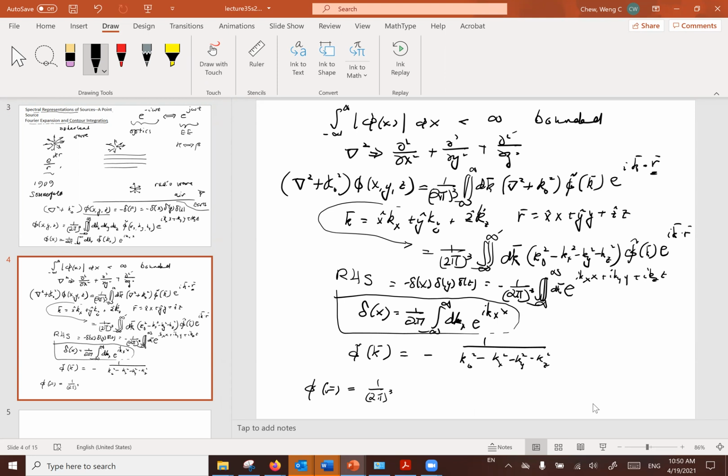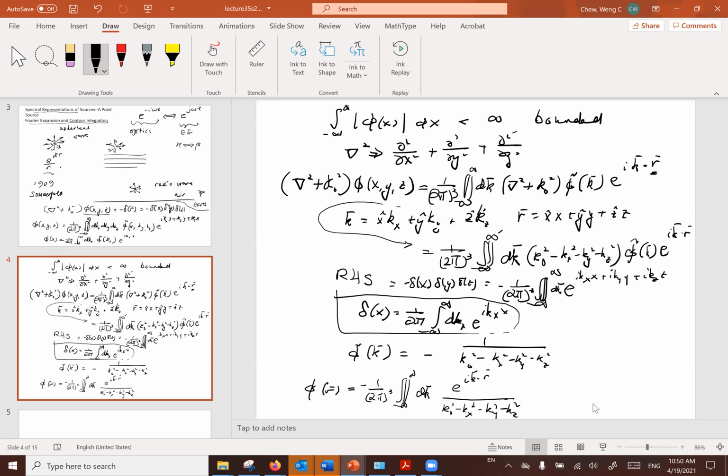I believe I still have to put a minus sign out front. And then I will have to do a three-dimensional integral still. I use the shorthand notation to write that thing in the exponential. And then phi tilde has been found, and it will be just k0 squared minus kx squared minus ky squared minus kz squared.